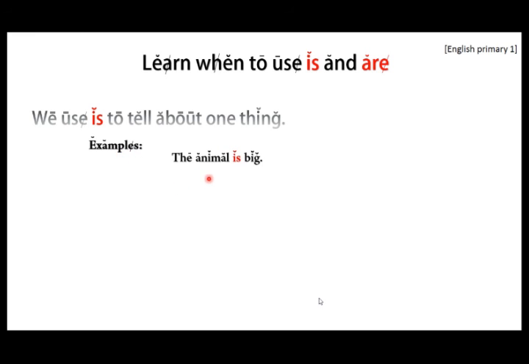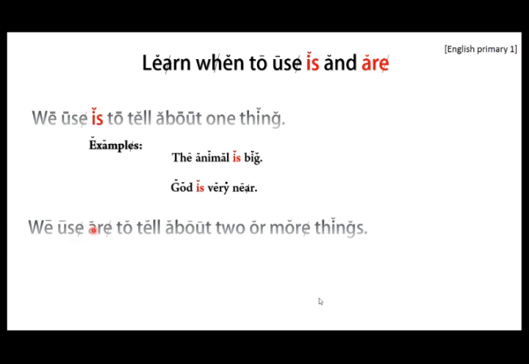Examples: The animal is big. Just one animal. The animal is big. God is very near. God is one, not two.